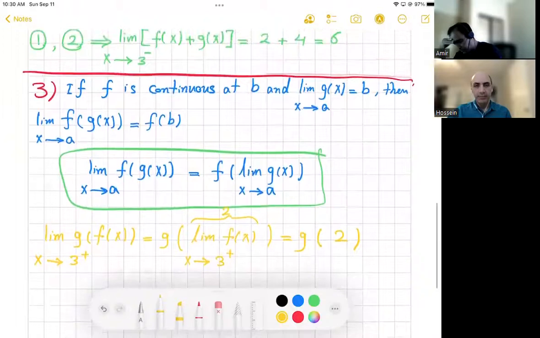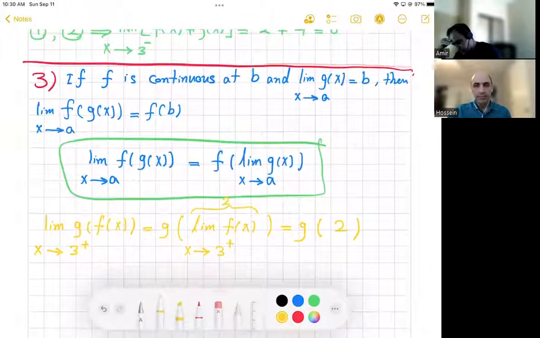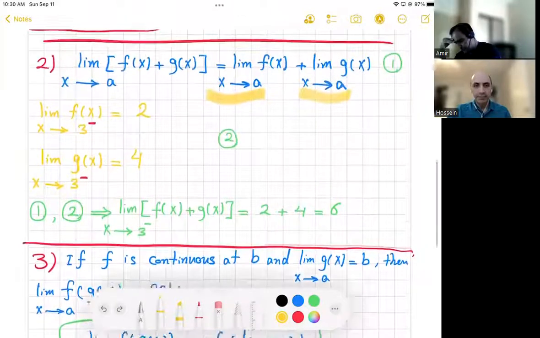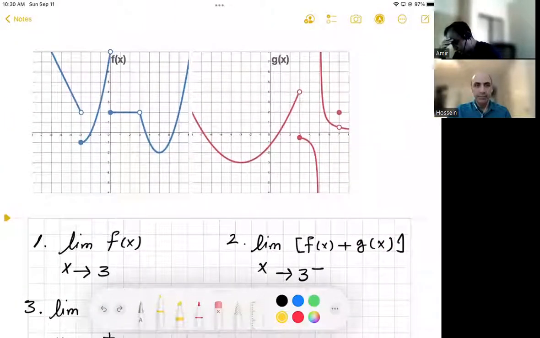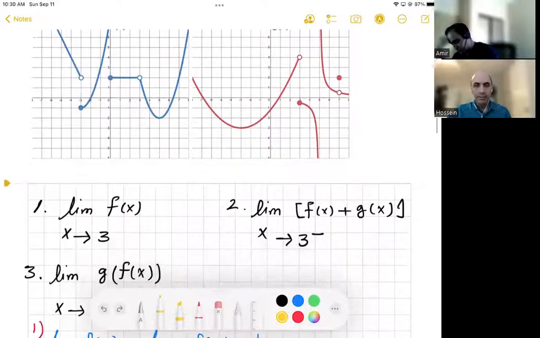According to this theorem, the outside function, which I call the outer function, should be continuous at b. Here b is 2, and as we can see from the graph, g of x at 2 is continuous. That's good news.